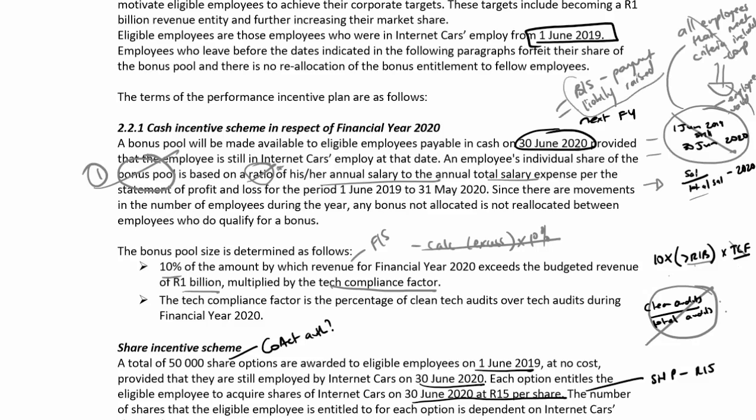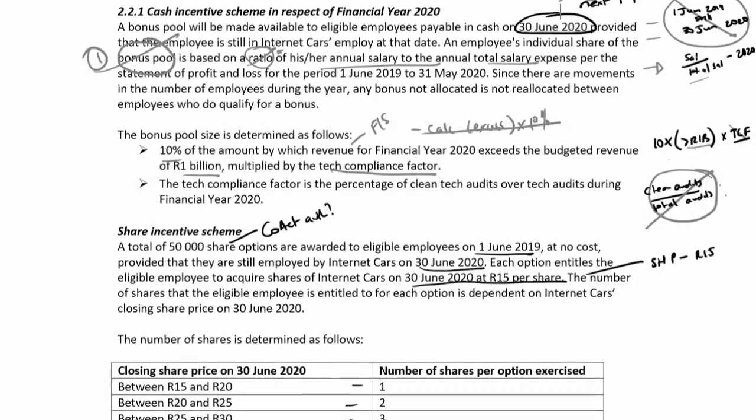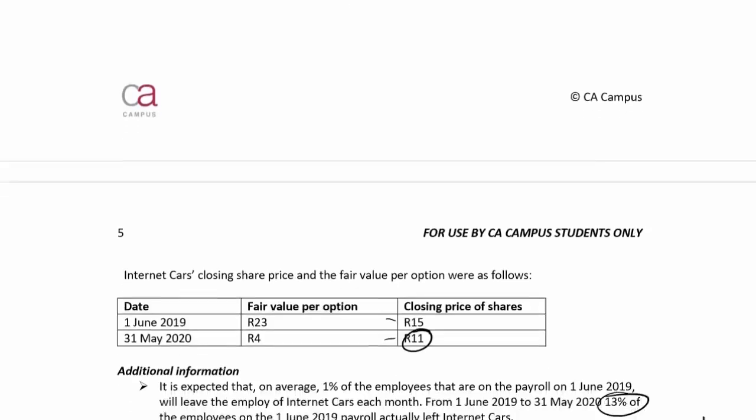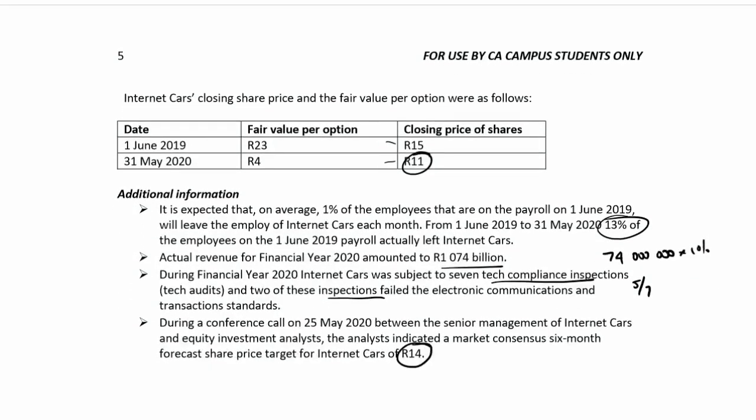Now I need to make sure that at year end there's the liability raised and payment takes place on the 30th of June. Just want to check if there's anything else I need to test here.